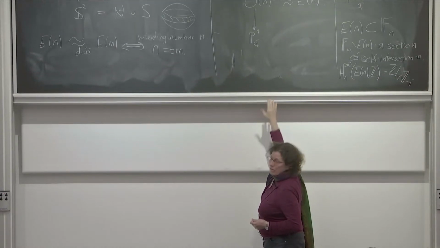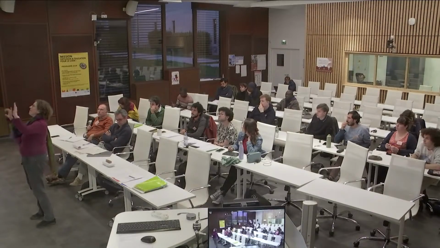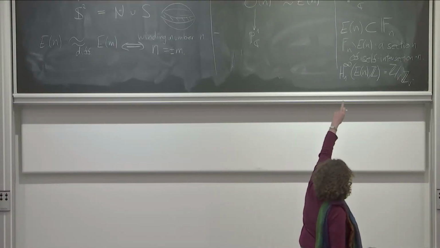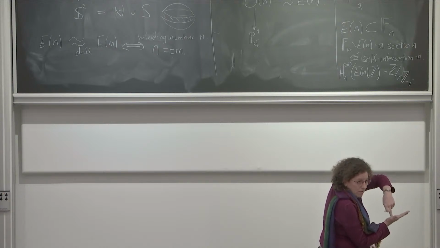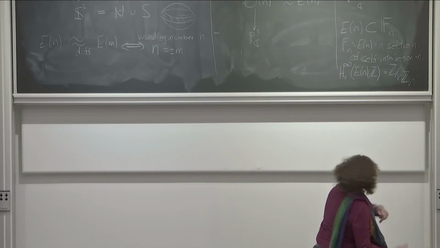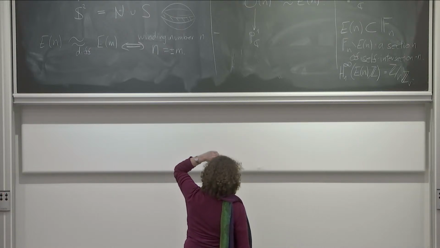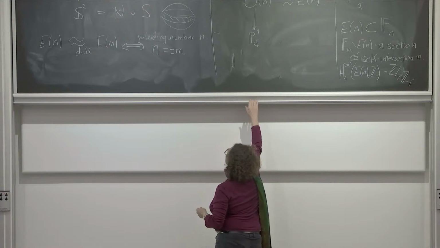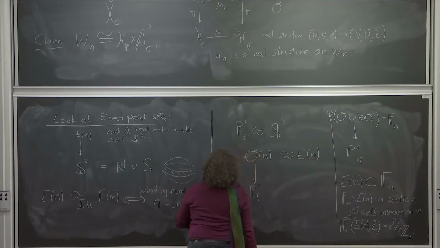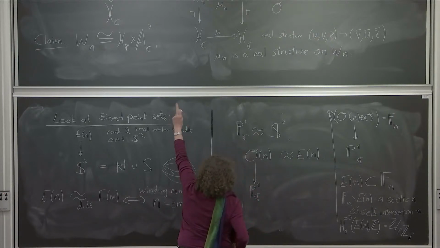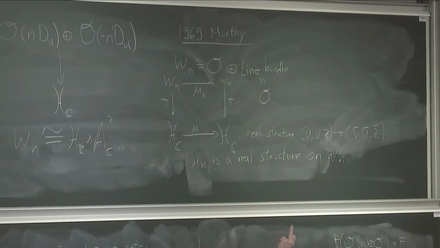So what is the conjugacy between O of n and O of minus n? Well, they're on different objects. This O_n is on P1. It's just one point. It has a divisor that's zero on one point. And the other O_n that I had has other objects there.